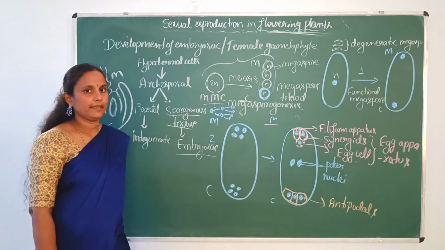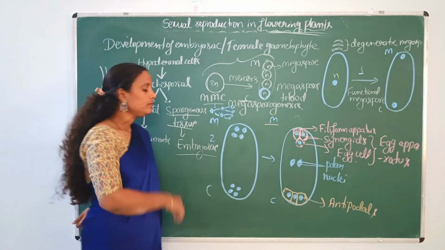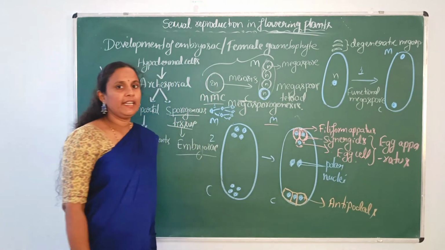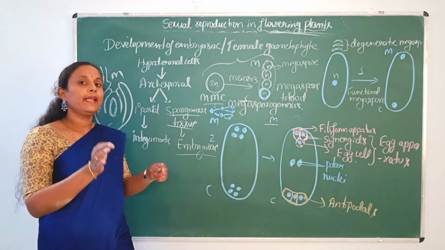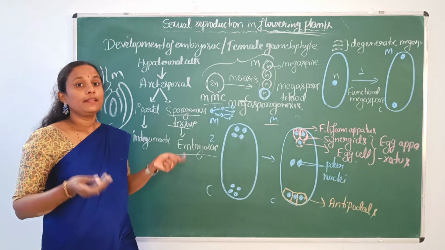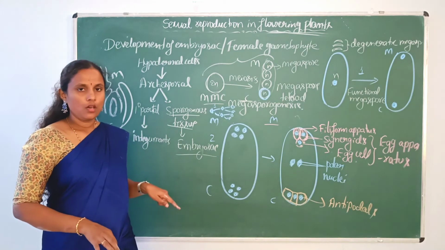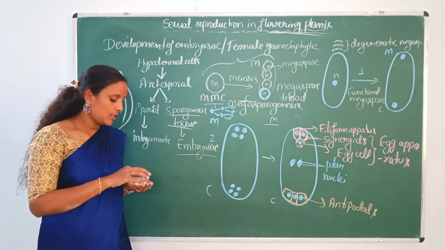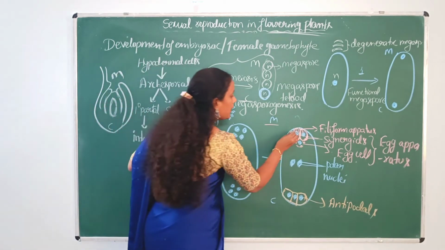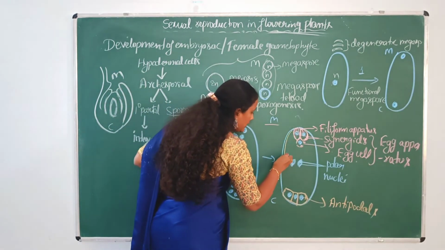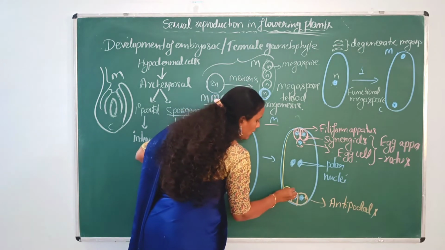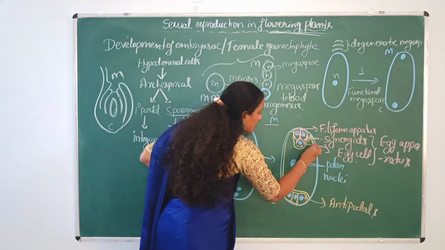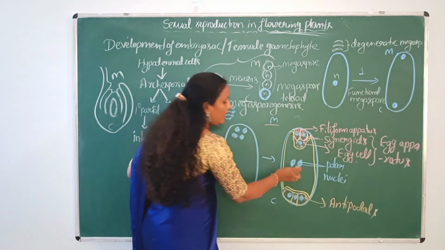They won't do anything. Then, at the center, there are two polar nuclei present, and they also develop their own cell wall, but it forms a larger cell. How large? I will show it now. From here to here, this much cell wall it develops.